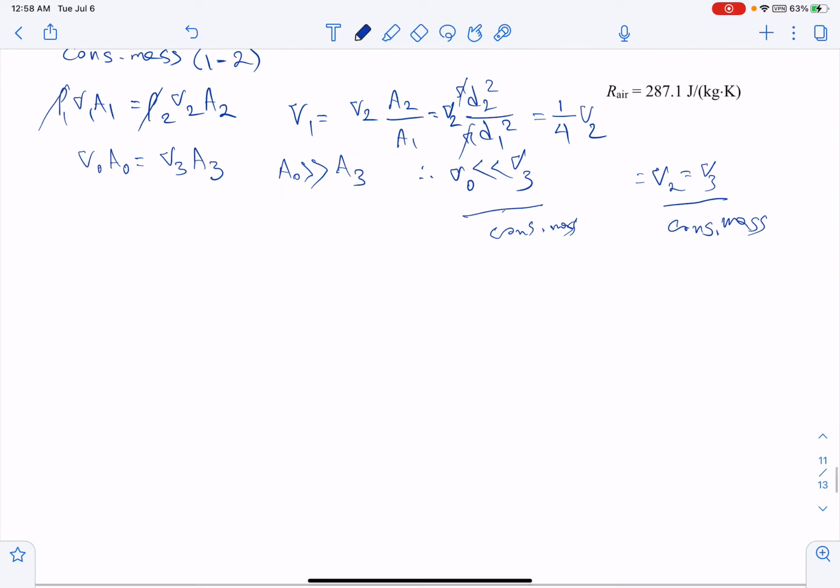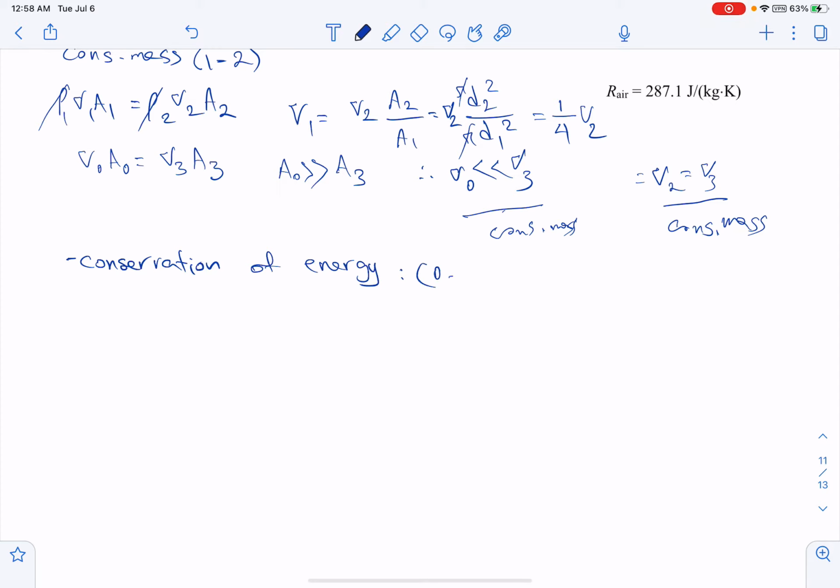Now let's write down the conservation of energy from 0 to 3.